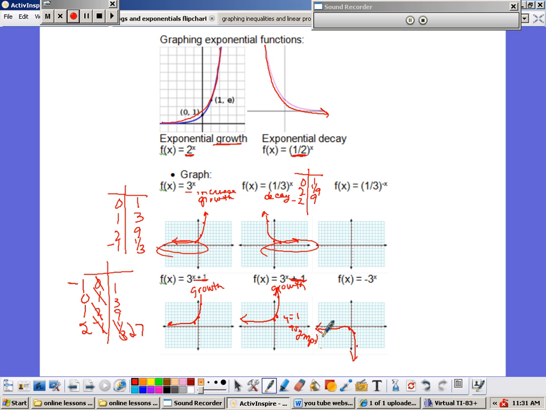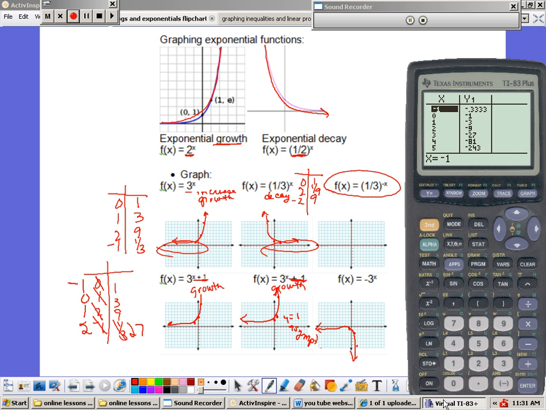But we didn't talk about what happens if we put a negative on the exponent. What does that do? So I'm going to go back here. I'm going to take out that negative. I might as well take it all out now since I messed it up. Okay, so 3 raised to the negative x. Let's see what happens with this equation.